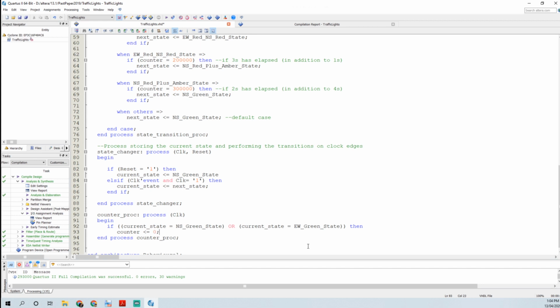Note that this is an integer value, so there's not any quotations or anything around it, all right?